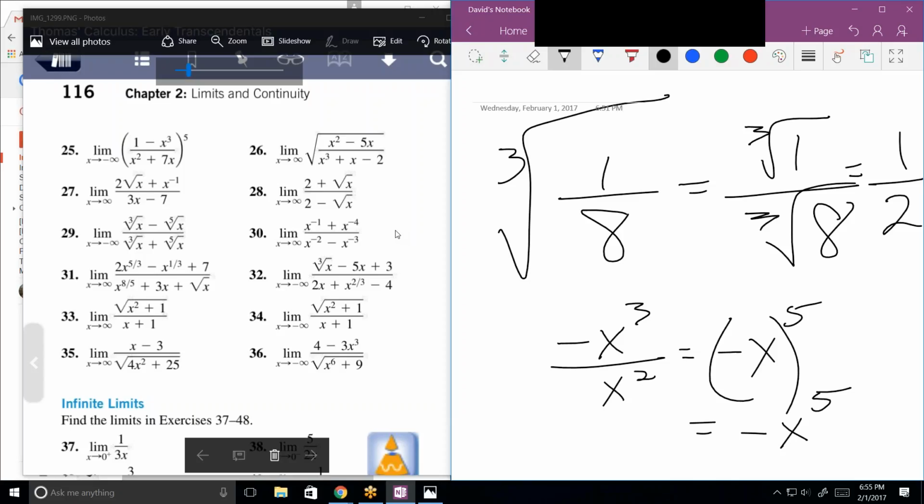Okay. What does it go to? Would it go to negative infinity because it's x cubed? No. Well, no, this is what it is right there. Because we do have to apply that exponent we saw in those 2 previous problems. But in this case, when you take minus x to the fifth, when you take it to an odd power, infinity would go to infinity and negative infinity would go to negative infinity, but I got that minus sign right there.